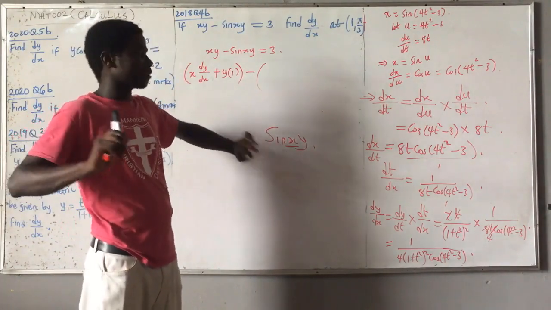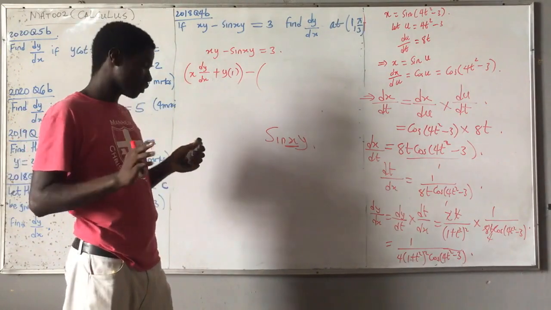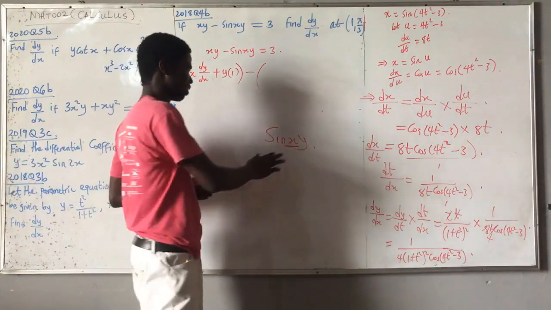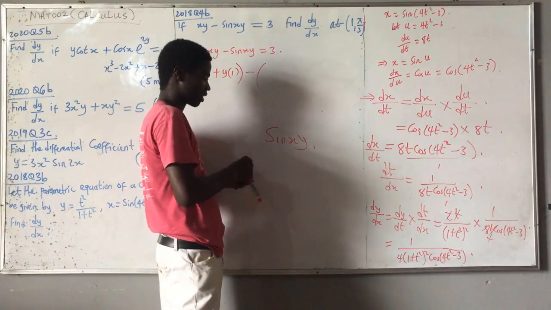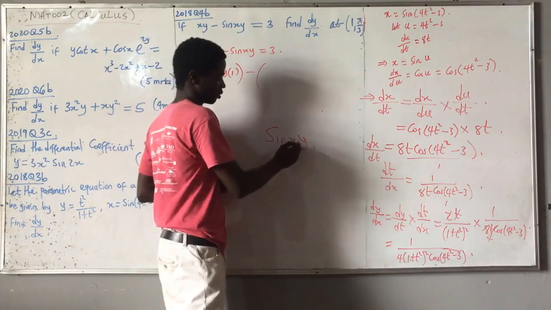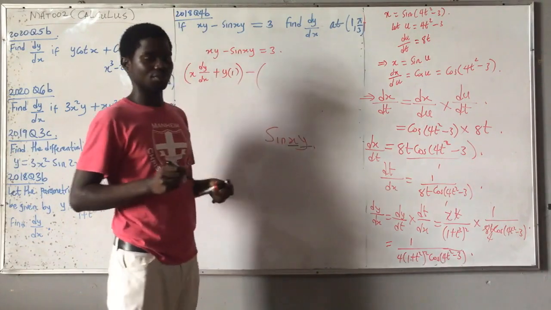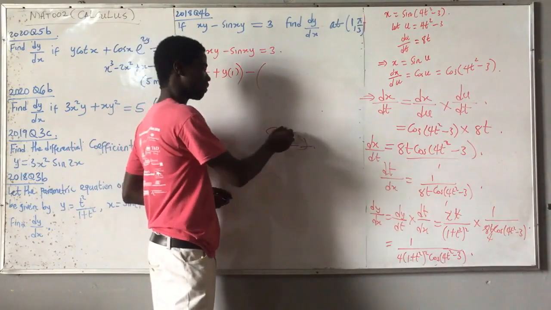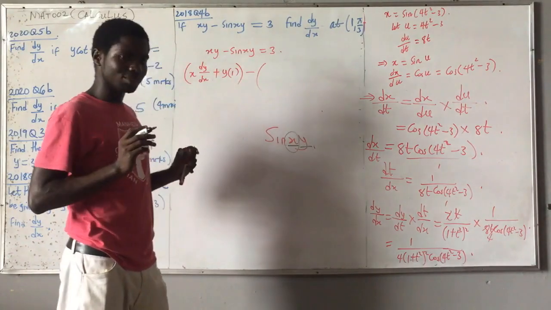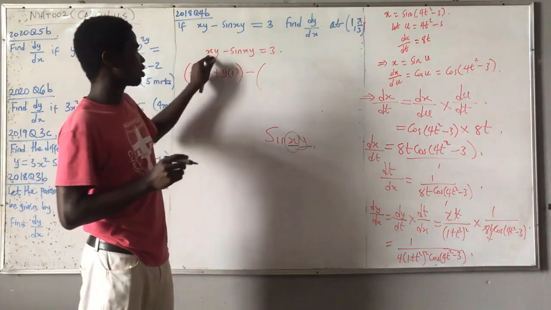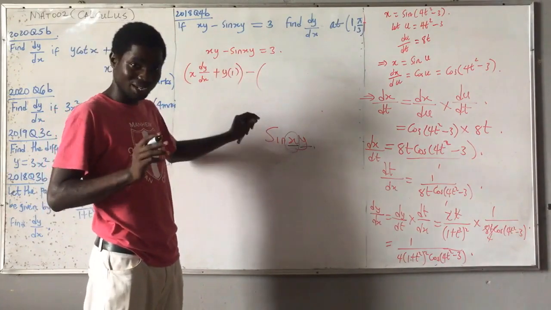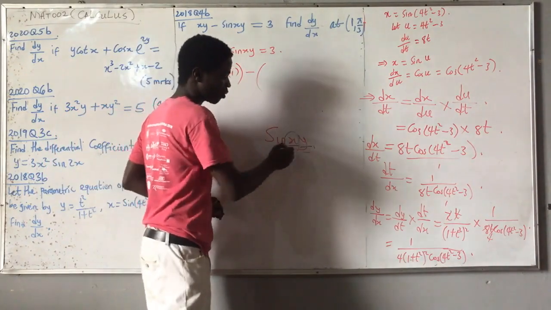I have xy here, and I'm looking for a way to explain it very clearly. There are two things, x and y. Take the first one, but don't bring it out because it's not standing alone, it's inside sine. Do you get that? Differentiate the second one.